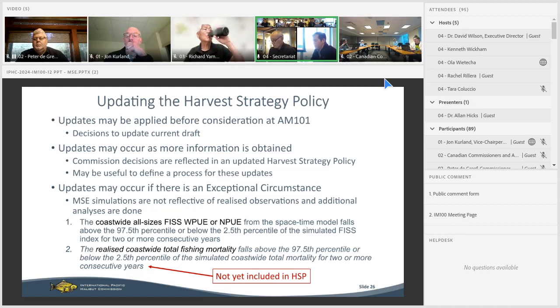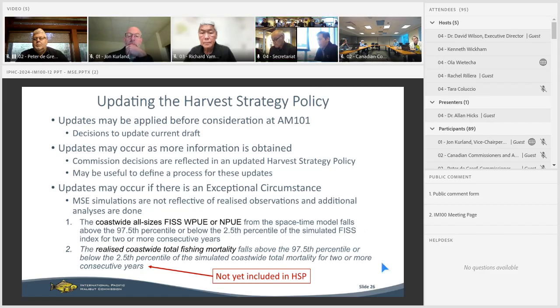An exceptional circumstance might be, and actually this is part of the harvest strategy policy, if the coast-wide all sizes FISS WPUE or NPUE from the space-time model is outside of the credible interval predicted or projected by the MSE simulations, then we call that an exceptional circumstance. And then we'd open up a process for how we would reevaluate the harvest strategy policy and the management procedure in particular. So we'd go through the SRB, the MSAB, do MSE simulations, and then come up with another presentation like this.